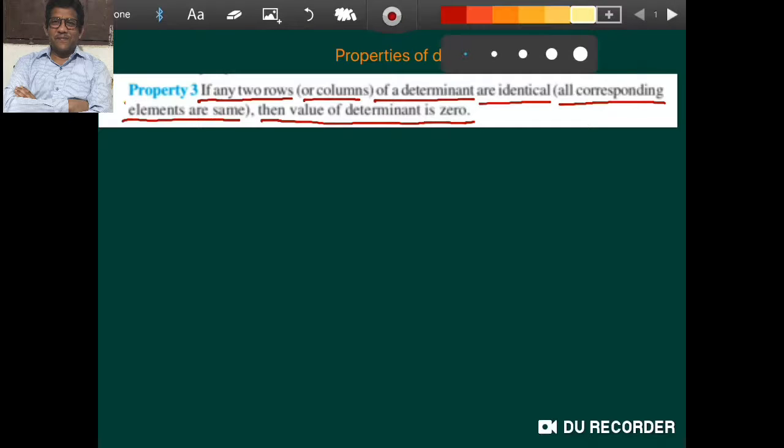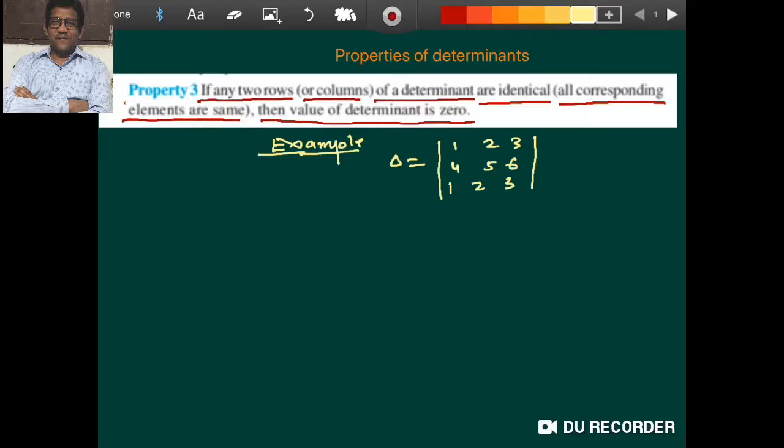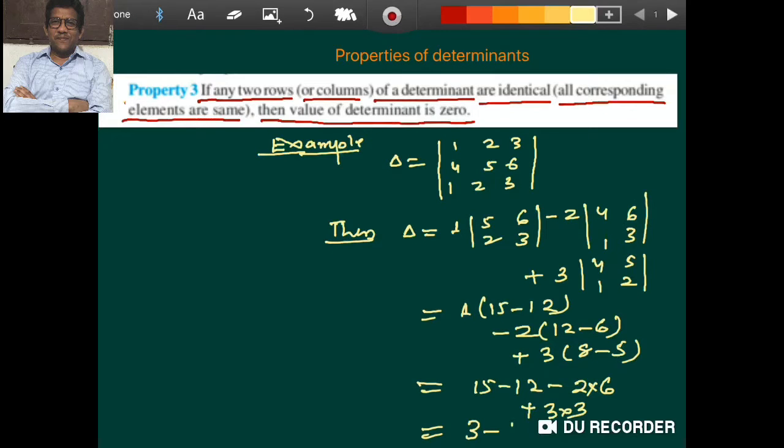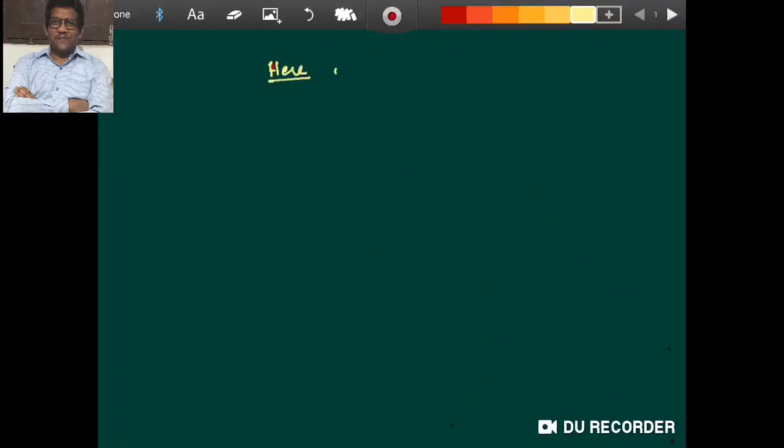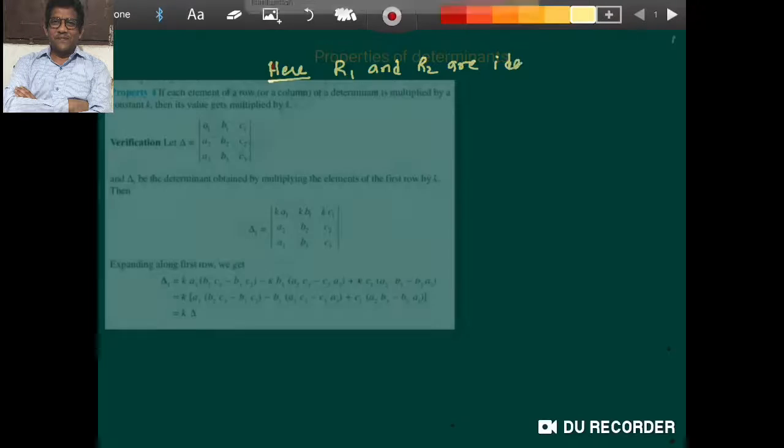For example, if we consider this determinant, then its value is 0, because here row 1 and row 2 are identical.